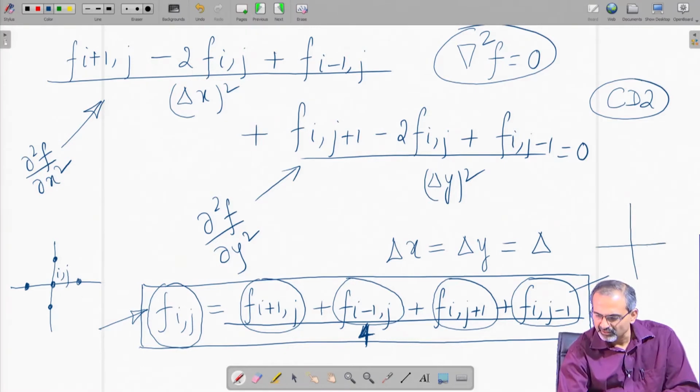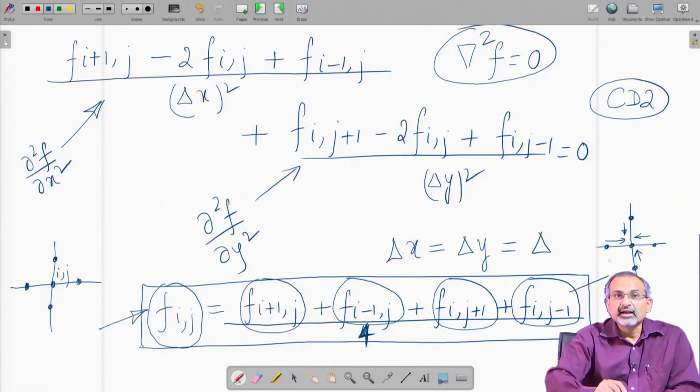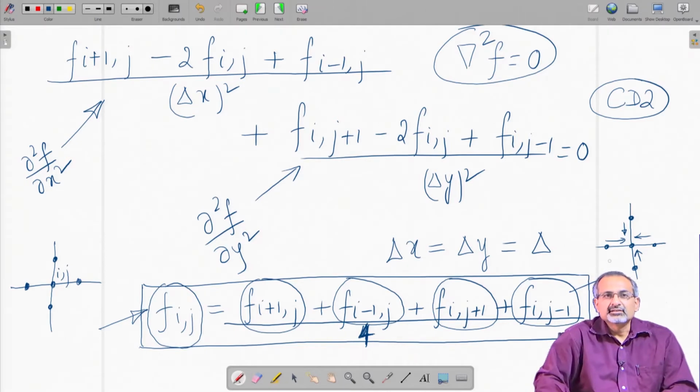It almost looks like there is an influencing that is going on from all four directions to an equal extent, which would decide the way the functional value at the grid point i j would evolve.